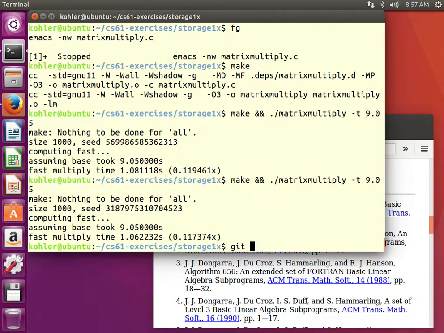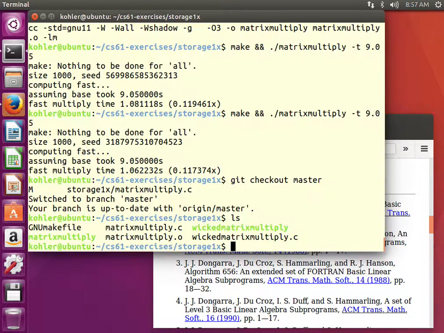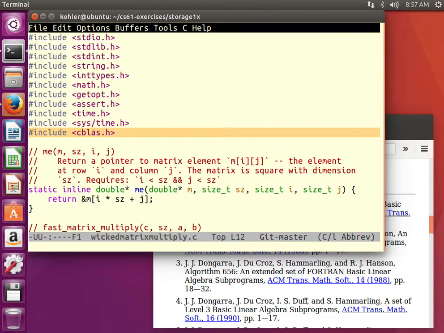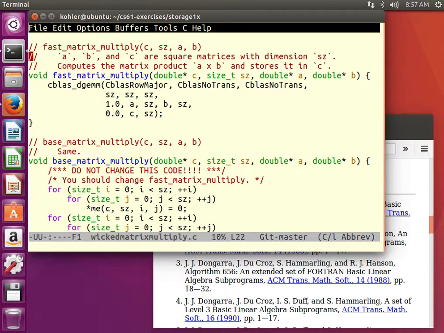Rather than go through the steps that I took to actually find our fast matrix multiplication, I'm just going to show you what it is. In wickedmatrixmultiply.c, we include a library header file that implements fast matrix multiplication, and here's how we actually multiply the matrices together.